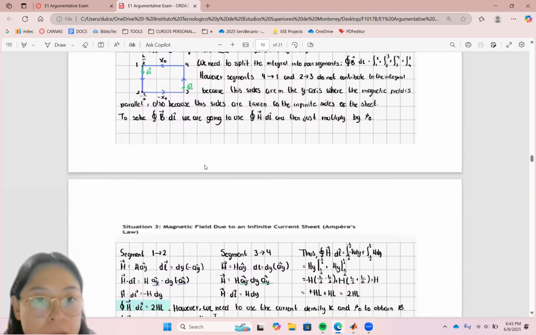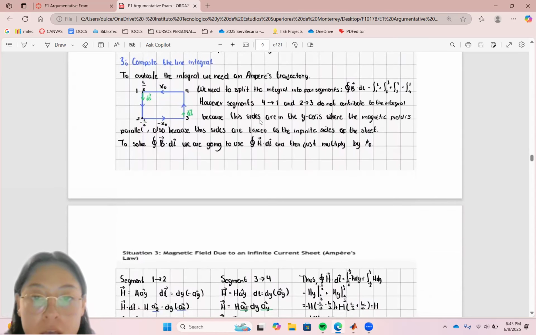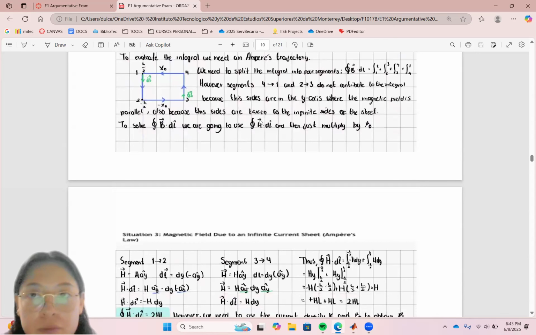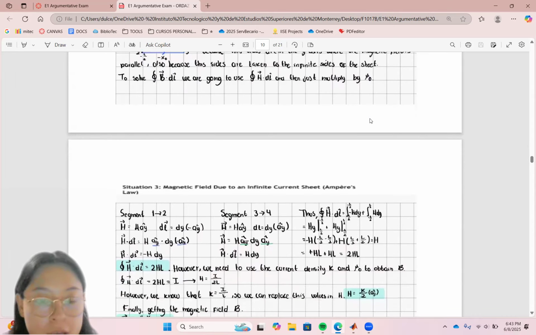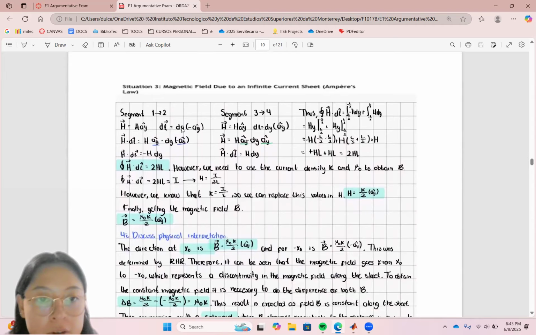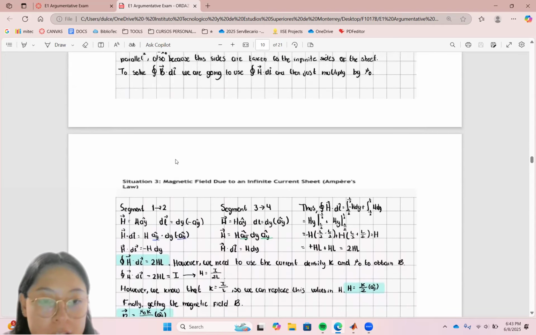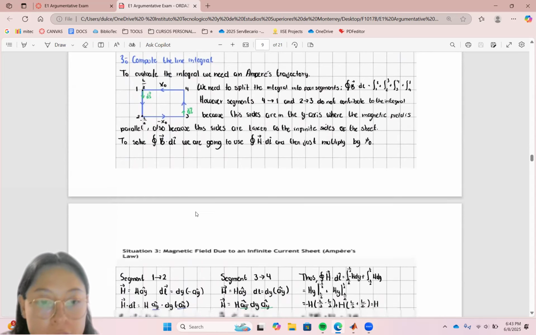And then I solve my integral of Ampere's trajectory, but I divide my integral using just the magnetic field intensity, and then I simply multiply by the permeability of free space constant. Here, as we can see, it goes in the direction of the negative y, as we can see here.